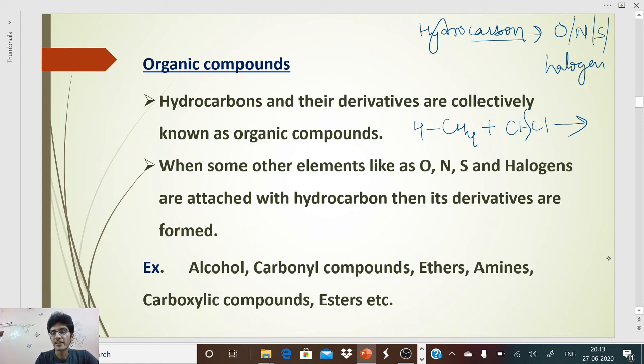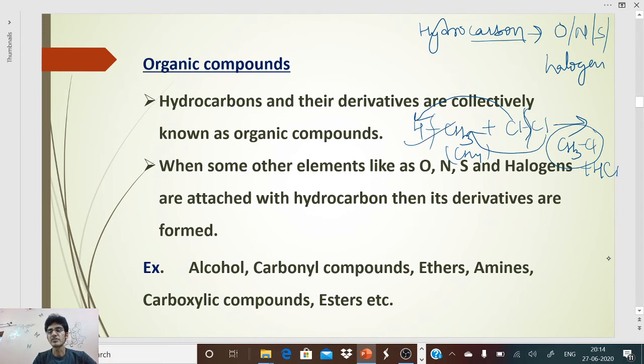Now we can write this as CH3-H, which is CH4. If the C-H bond is broken and the Cl-Cl bond is broken, H and Cl react, and CH3 and Cl react. So in this reaction, CH3Cl plus HCl are formed. CH3Cl is formed from this hydrocarbon, so CH3Cl is called the hydrocarbon derivative. Okay, this is the hydrocarbon derivative.